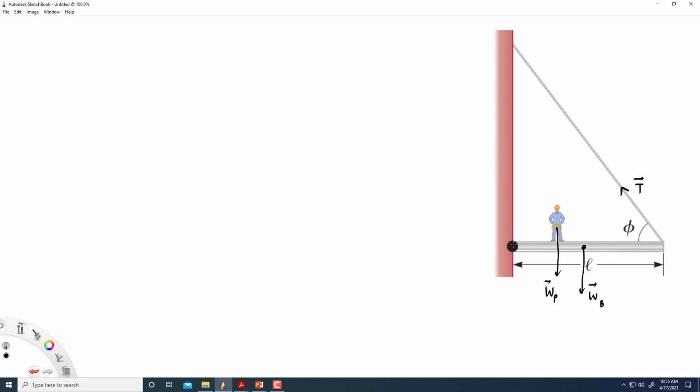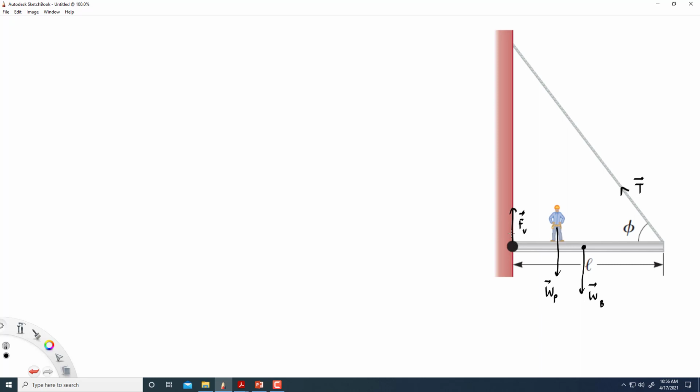And there is force of this pin connector on the wall on this beam. Let's call that vertical force. And we know that this force exists because in absence of the pin connector, or in absence of this force, this beam would just slide down through the wall. Okay, so again, because of this force, the beam remains at its position.